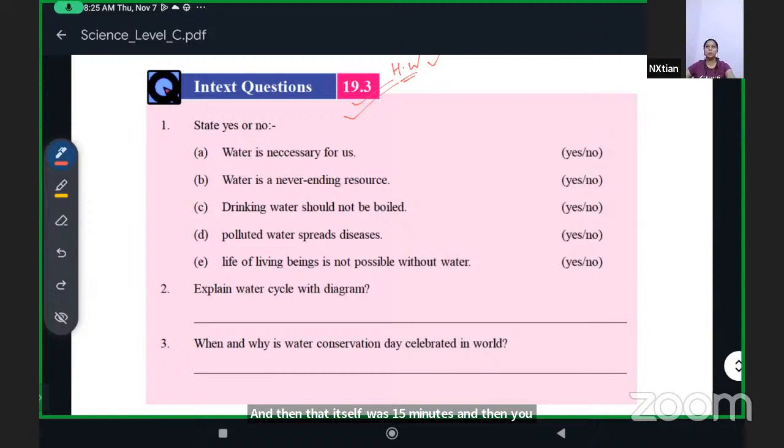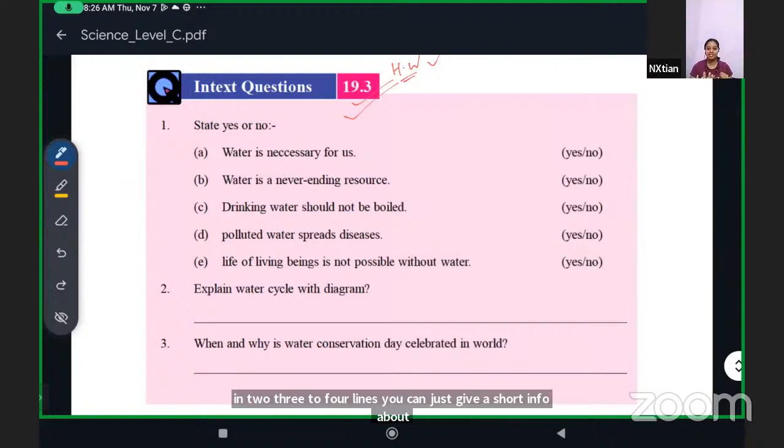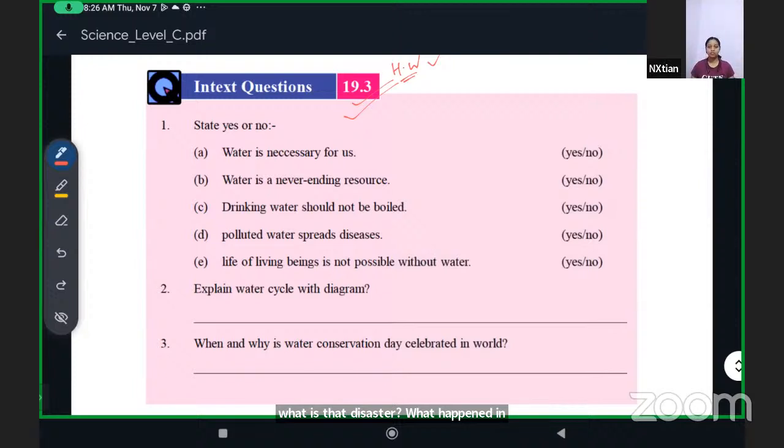You didn't do it wrong. You just had to make a few additions. And like I said, you don't have to talk a lot about the disaster in general. You can explain a little bit, in 3 to 4 lines, just give short info about what the disaster is and how it is formed, with just one slide dedicated to it.